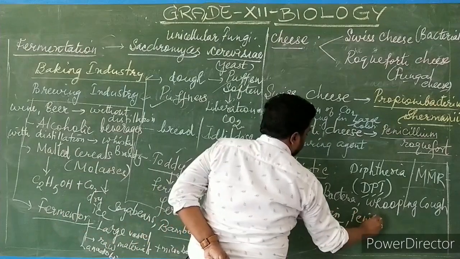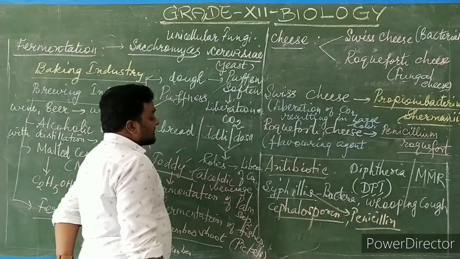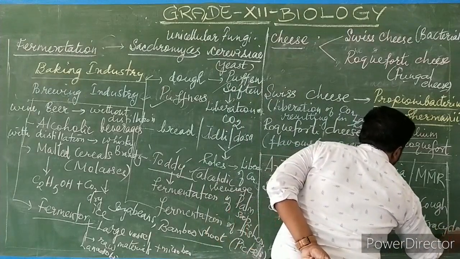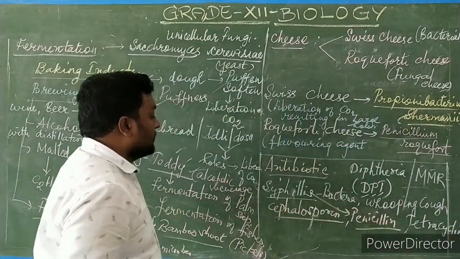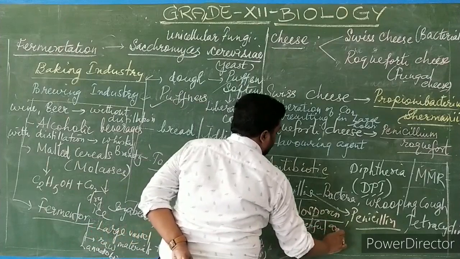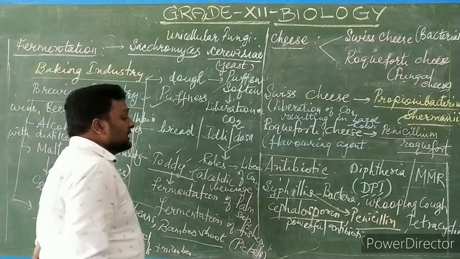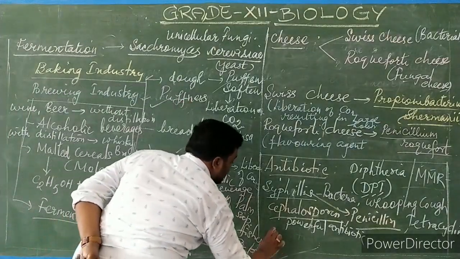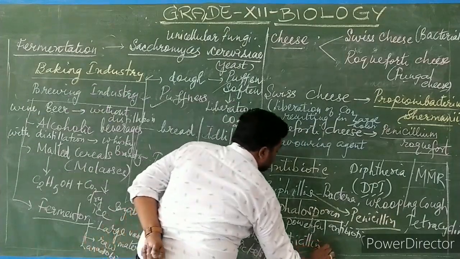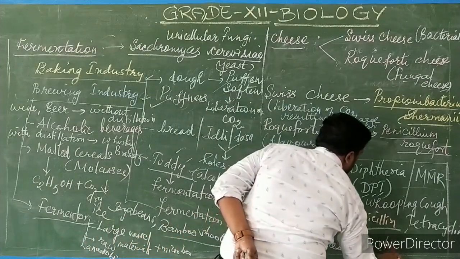Penicillin can be given against syphilis. Cephalosporin is a powerful antibiotic. Staphylococcus aureus, methicillin is also important. Note for the exam: methicillin resistant Staphylococcus aureus.